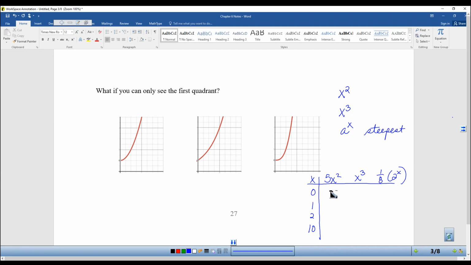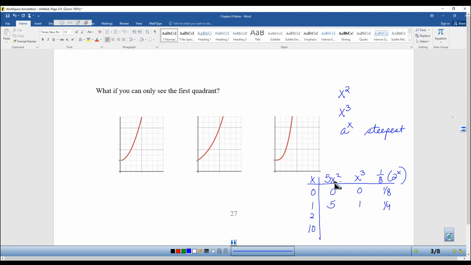So when you plug in 0, you get 0, 0, and anything to the 0 power is 1, so 1/8. When you plug in a 1, this one looks like, oh, well, this one's growing faster. Yeah, maybe right here. In fact, 2 to the 1 times 1/8 is only 1/4. So this one just got a little tiny bit bigger.